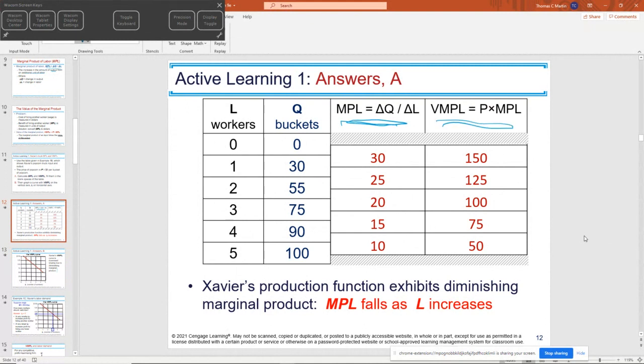We should be able to look at this information up here and the final answers and determine how this number is generated. We know the marginal product of labor. We did that calculation a few moments ago. The value of the marginal product of labor is different. We know the price of the product is $5.